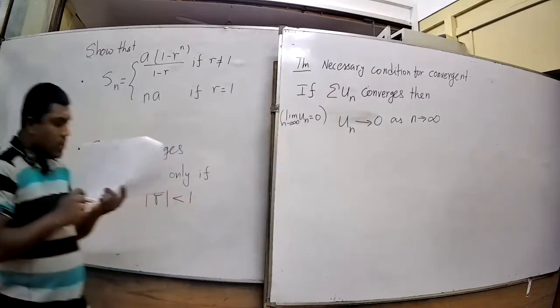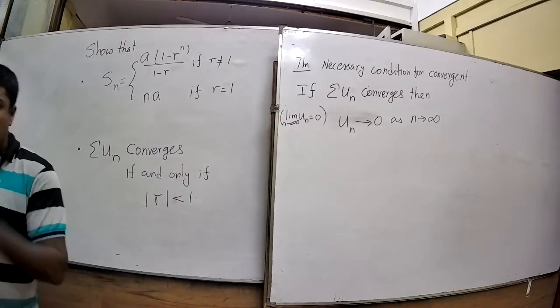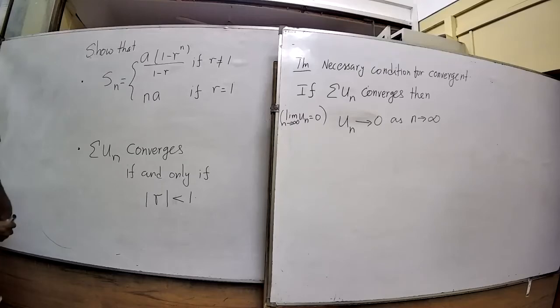Right. So if the series converges, then we can say that the nth term of the series, the nth term un, is converging to 0 as n goes to infinity, right? If the series converges, the nth term will go to 0.